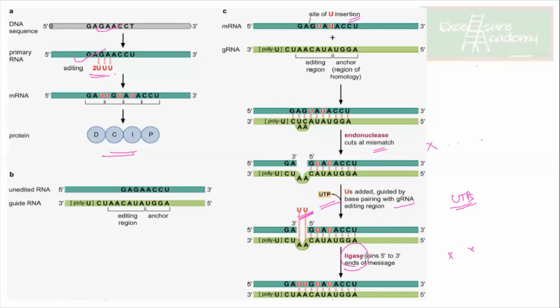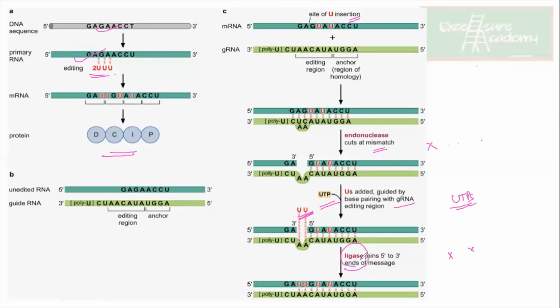It is going to make a phosphodiester break. Then the extra U's will be added opposite to the A which is present on the gRNA sequence. Then the RNA ligase will come and reseal. And this is how the extra U's are added into the sequences.